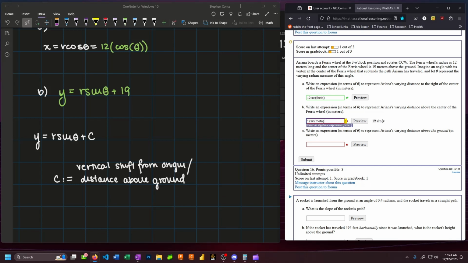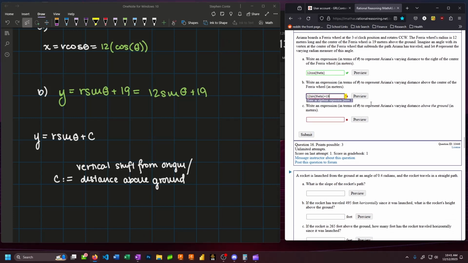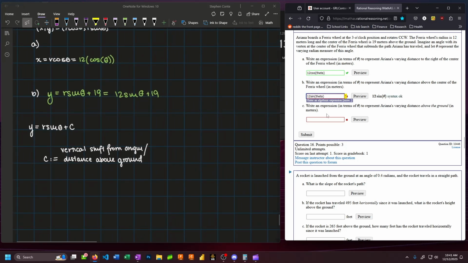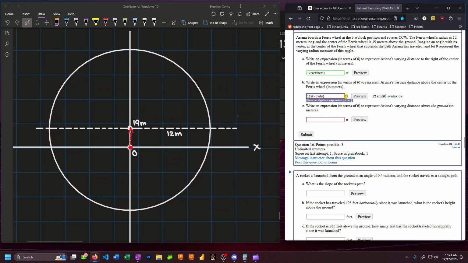Except the only difference is that when we plug in for r, this is 12 sine of theta plus 19. Oh, sorry. This says we want the distance above the center of the Ferris wheel. So if we're just talking about distance above the center of the Ferris wheel, then we're just talking about the y value on the circle. So part B is saying the distance above the center of the Ferris wheel.